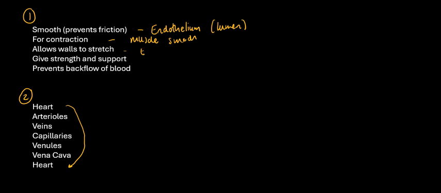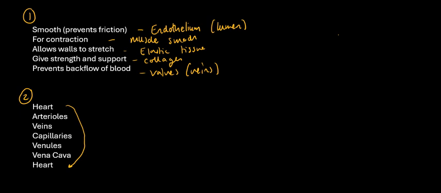Then we've got our elastic tissue, and we have our collagen. And then we have valves, which can be found in veins to prevent the backflow.